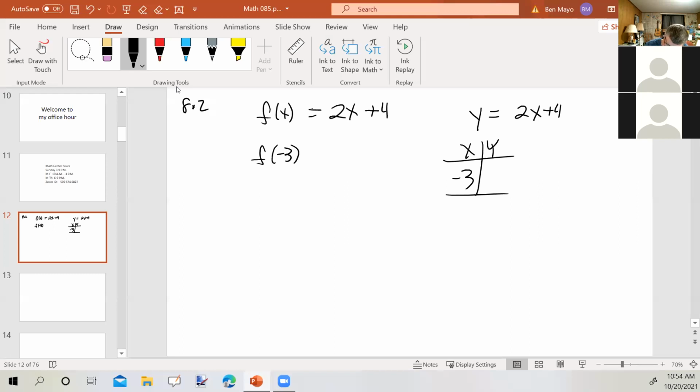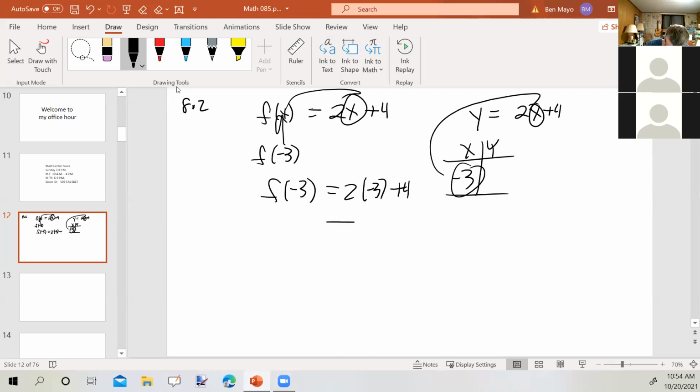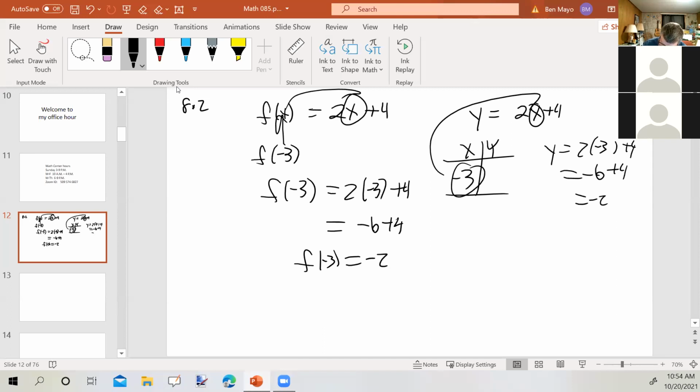So in both cases, negative 3 goes here, negative 3 goes here. So f of negative 3 is 2 times negative 3 plus 4, or negative 6 plus 4, or negative 2. Just like over here, y equals 2 times negative 3 plus 4, negative 6 plus 4, negative 2. So f of negative 3 equals negative 2 is the function notation way of writing the ordered pair negative 3 comma negative 2.